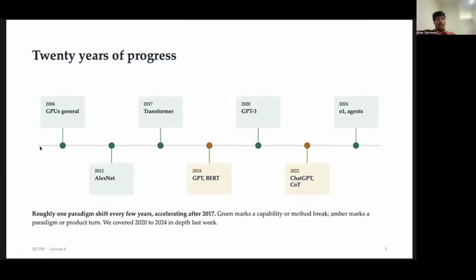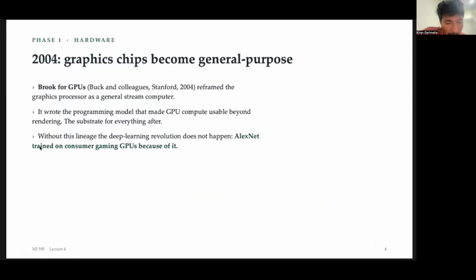Okay, so phase one is the hardware phase. We have four phases, like I said. The hardware phase is one of the main breakthroughs that enabled a lot of this over the last 20 years or so. People took these graphics processing units, and the main person here is Ian Buck.